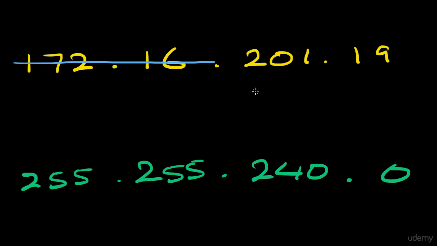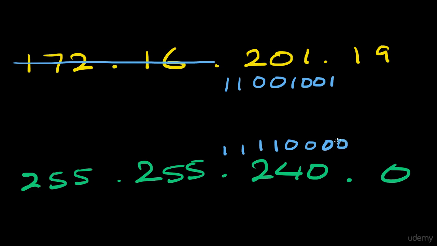So the only question here is how many bits in this third octet are being covered. 201 in binary is 1, 1, 0, 0, 1, 0, 0, 1. 240 in binary is 1, 1, 1, 1, 0, 0, 0, 0.